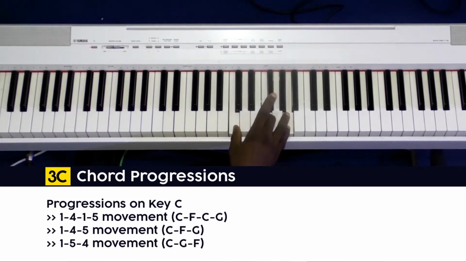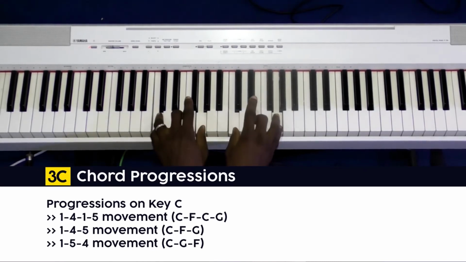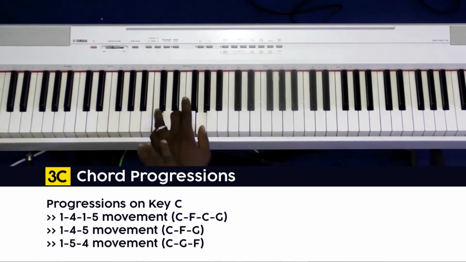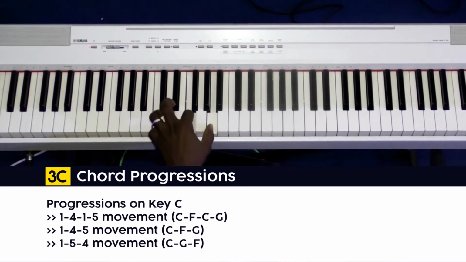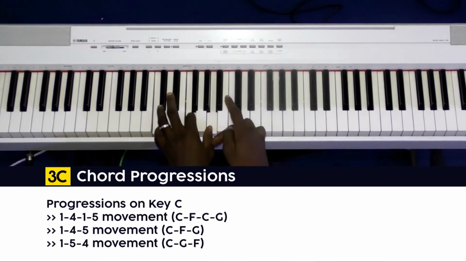That way, it's easier for me to navigate between C major chord and F major chord. So I'm playing root chord of C major, then I'm moving to your fourth chord, which is your F second inversion. On the left hand, if you remember, this is your root chord. If you are going to F, simply this. Look at the fingering.